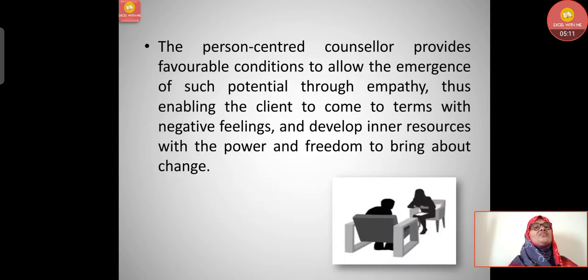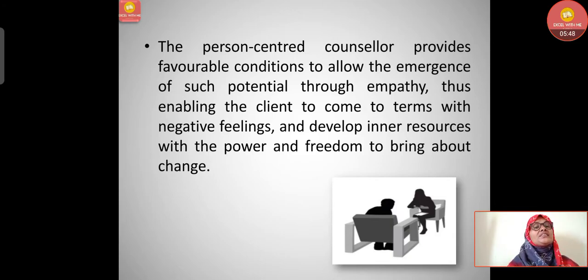The person-centered counselor provides favorable conditions to allow the emergence of such potential through empathy, that is understanding the person's feelings, putting ourselves in the shoes of others, understanding the situation, thinking what if that situation happens to me, how I will react. That kind of thinking should be there, thus enabling the client to come to terms with negative feelings and develop inner resources with the power and freedom to bring about change.